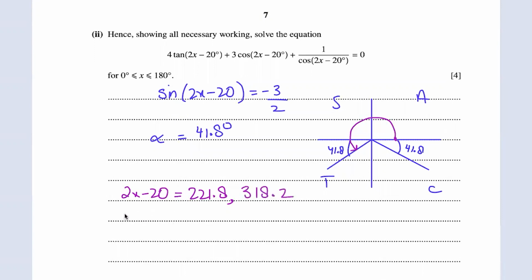So we'll have 2x minus 20 is equal to these values. Simplifying this, we get x is equal to 221.8 plus 20 divided by 2, which will become 120.9, and 318.2 plus 20 divided by 2 will become 169.1.